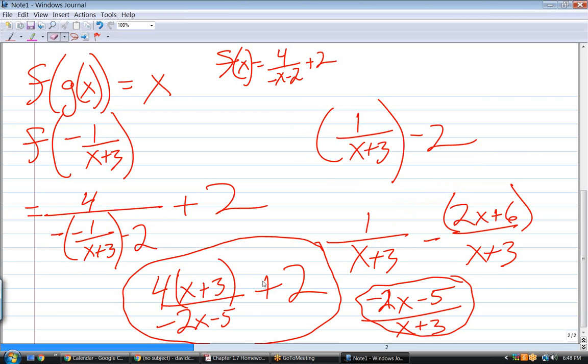Take a quick look at it. It'll be 2x 3. It's virtually impossible for it to equal x because you're going to have a 4x there and a minus 2x there. So there's no way it's going to equal x.